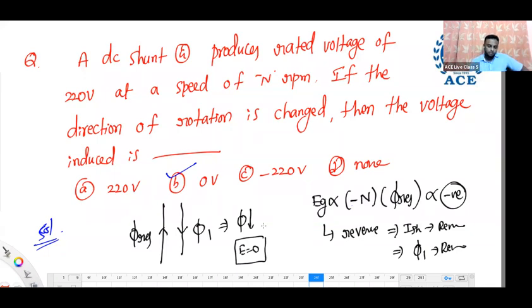Clear to all of you? Okay. So load is not connected. Under no load, we are considering all of this. Next.